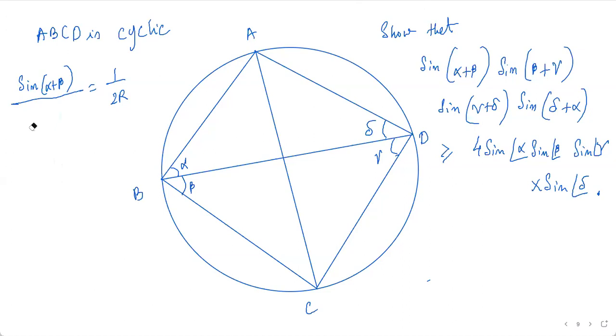So I can write this as AC over 2R. Similarly, try to get the others, like sine of gamma plus delta is again AC by 2R. And now the question is about the other pairs. I'm done with alpha plus beta and gamma plus delta. Now what about beta plus delta?